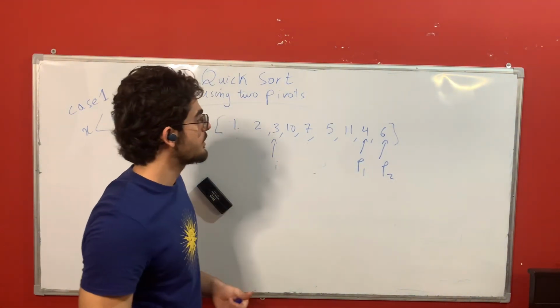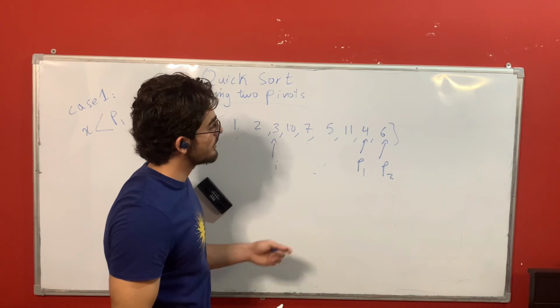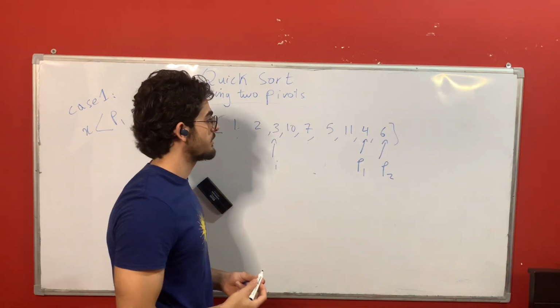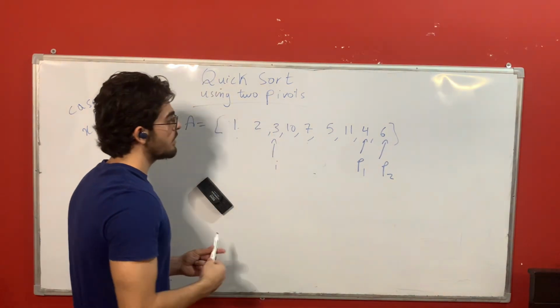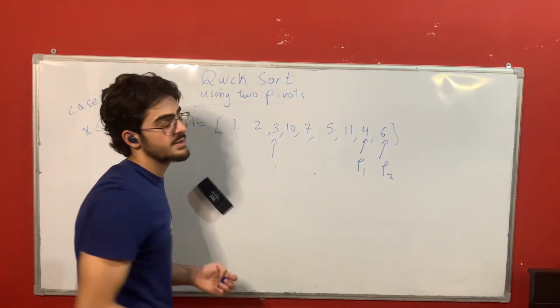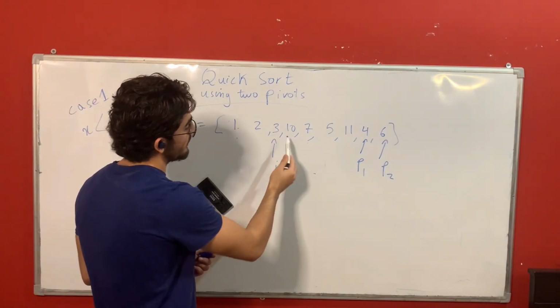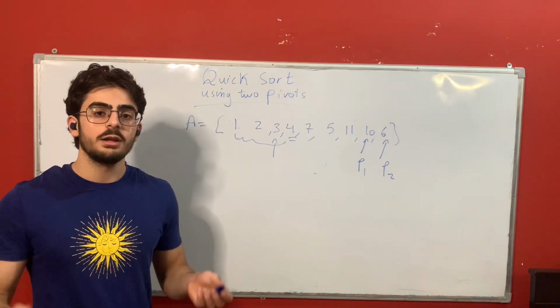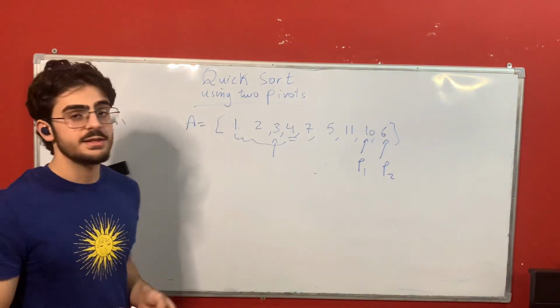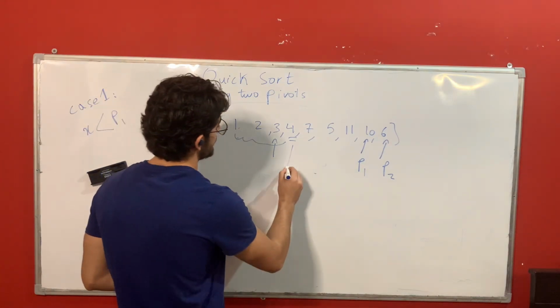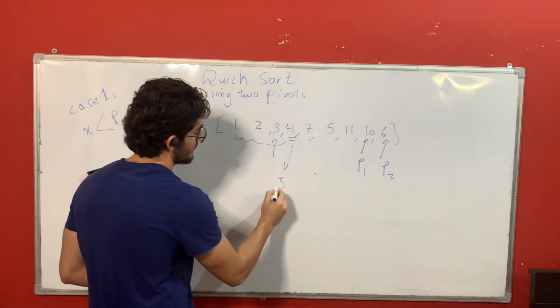We continue the for loop. 5 is greater than 4 and 11 is greater than 4, so we stop. Now we swap 4 with its correct position in the array, which is we'll swap 4 with 10 with I plus 1. Now we mark the position where 4 is now residing in the array, which is 3.